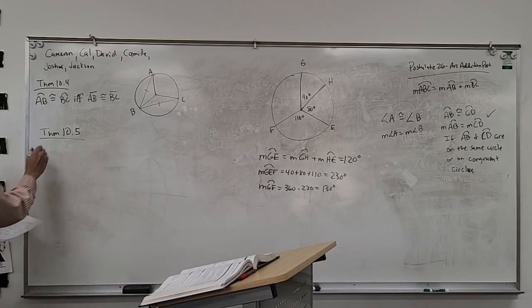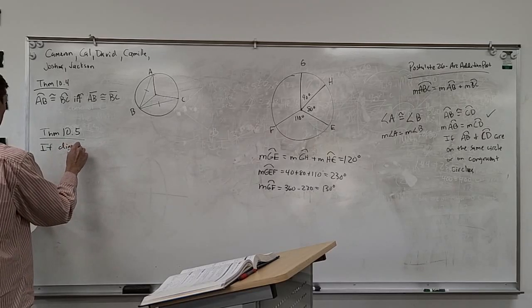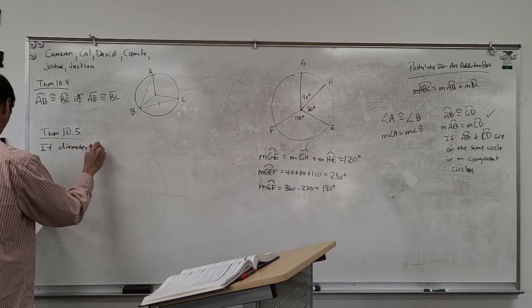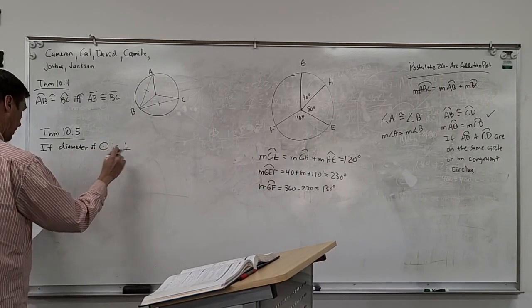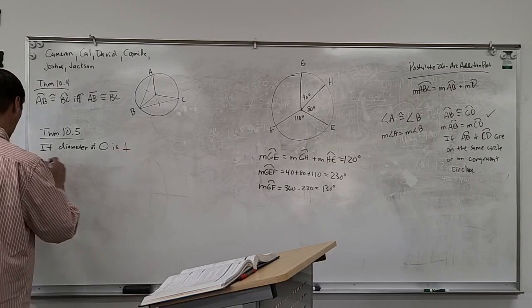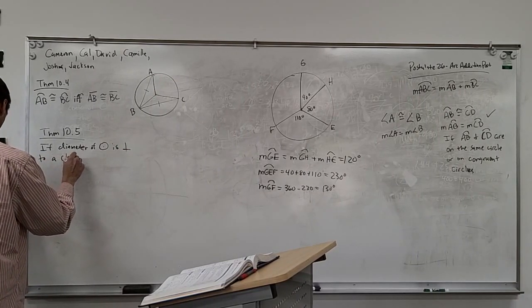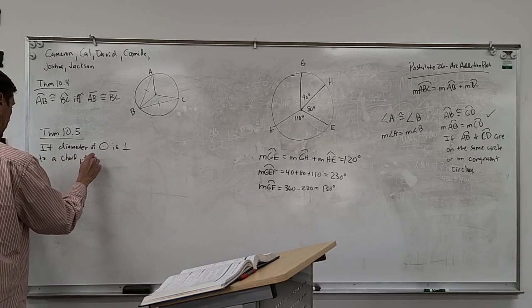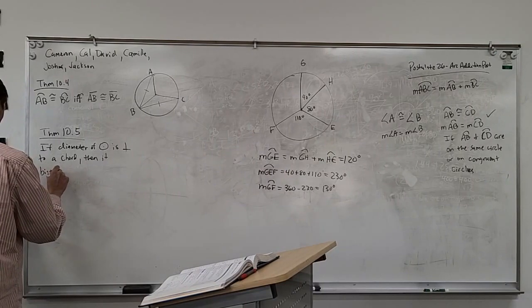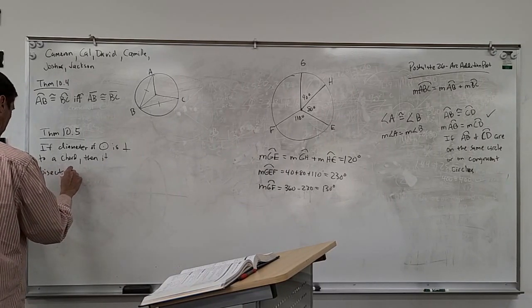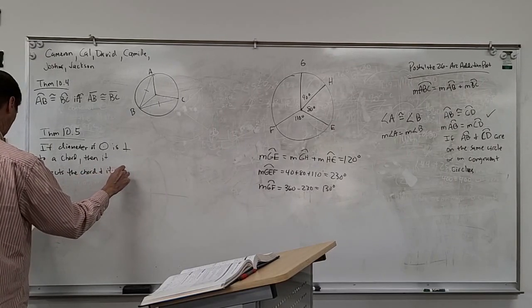10.5. So this theorem says if the diameter of the circle is perpendicular to a chord, then it bisects the chord and its arc.